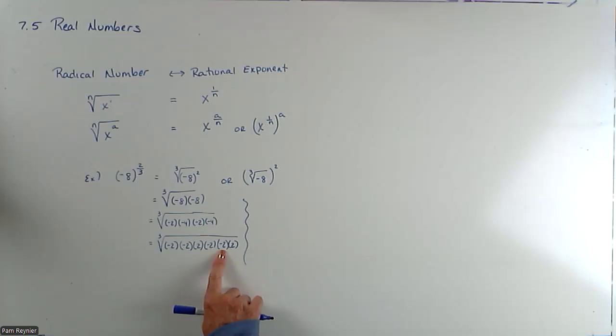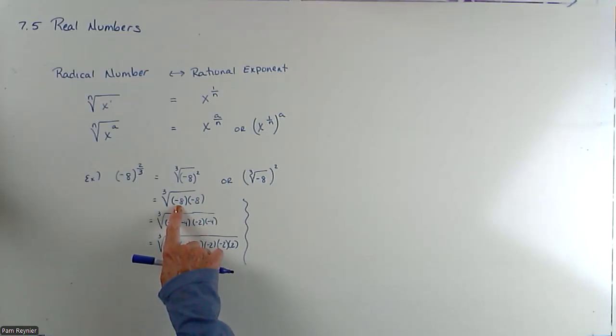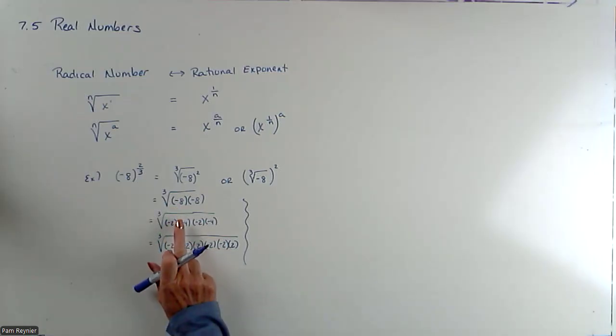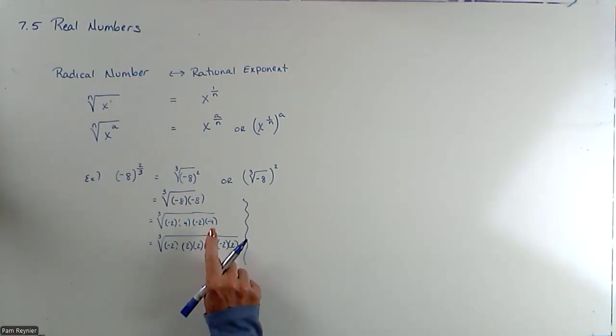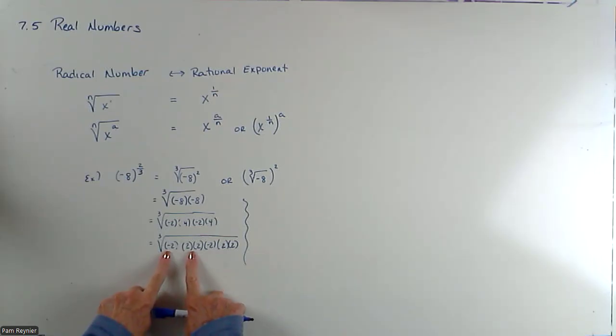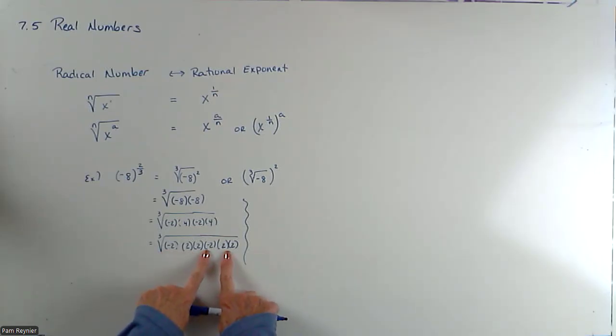Well, this -8. Oh, there it is right there. Oops. -8 is -2 times +4. Sorry. Somebody's probably caught that already, but -8 is -2 times +4. Now do I have it? -2 times +4, -2 times +4. So pull out what we have that's identical.